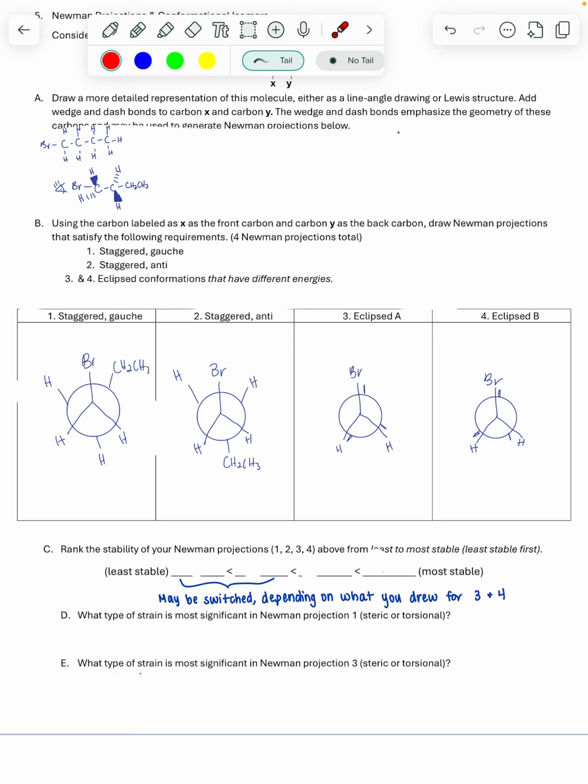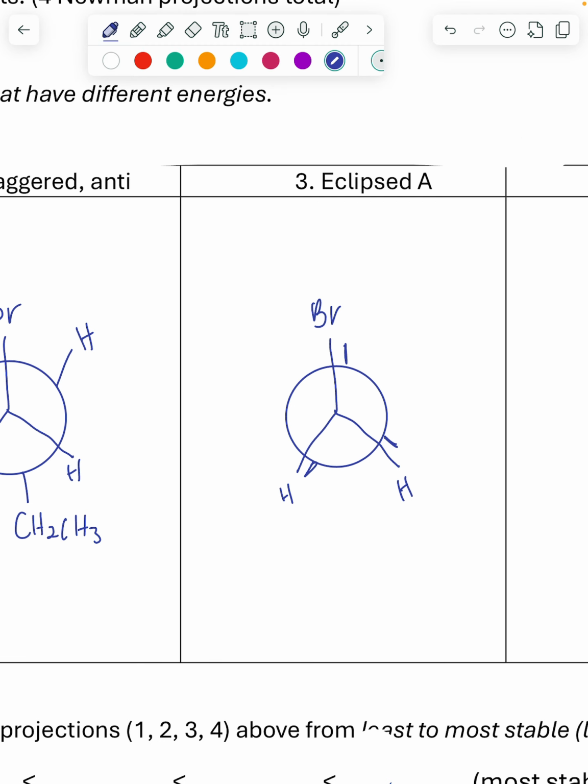So this constantly goes from eclipsed to staggered to eclipsed. In one of the eclipsed ones, we can put the biggest groups overlapping each other, which is actually the least stable, because it's hard for both of the groups to be right next to each other and be stable.